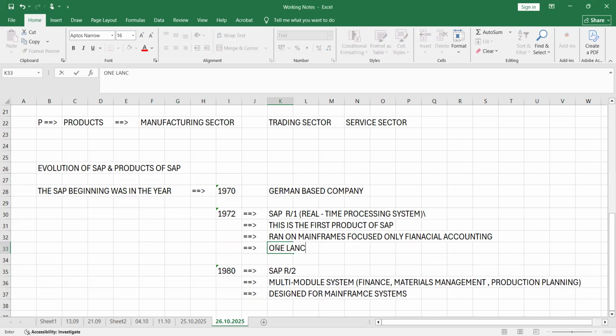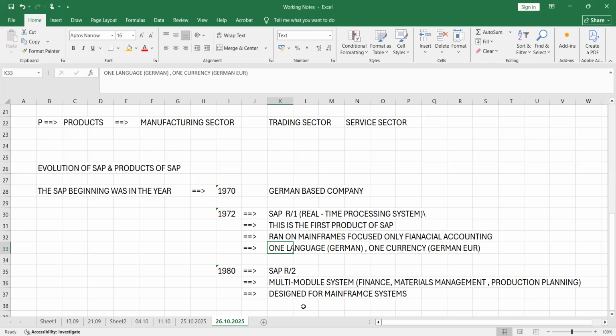One language, the German language, and one currency, the German euro. It knew only one language and one currency.